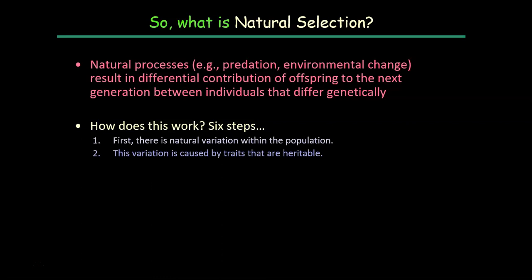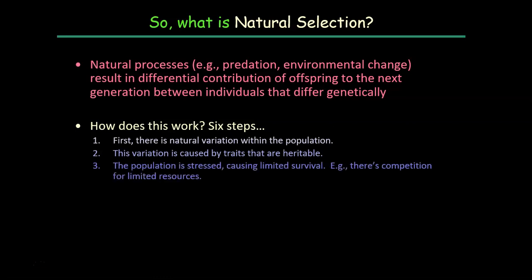Number 2, the variation has to be caused by traits that are heritable. These differences in the population have to be caused by something that can be passed on to the offspring. And that's what, of course, you and I understand to be DNA. Natural selection only works on traits that are coded by DNA.